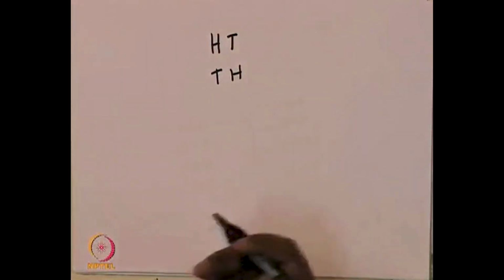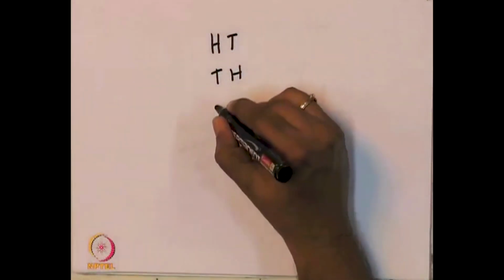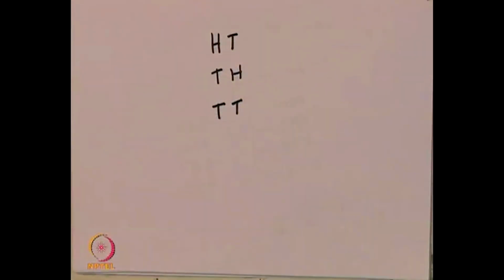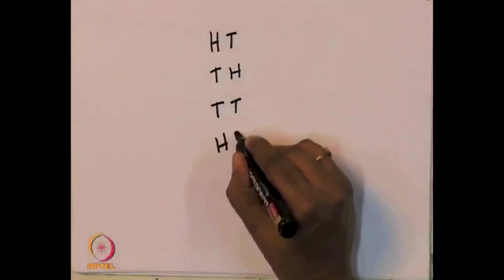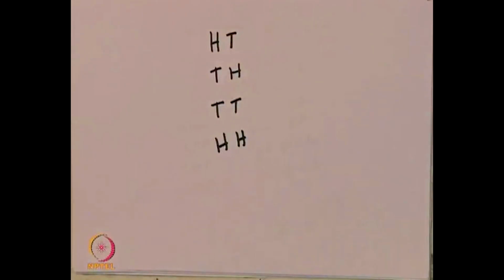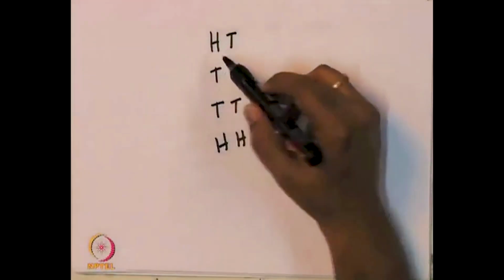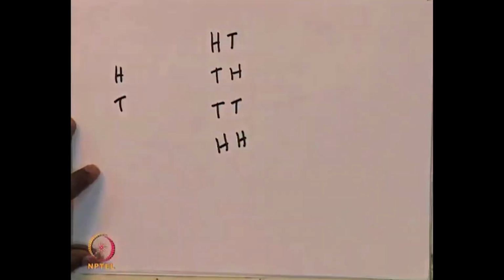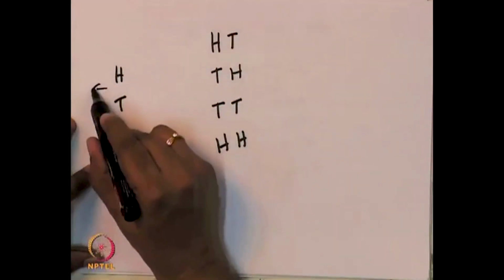You ask your friend to toss it 2 times, your friend might get 2 tails. You ask somebody else to toss, that person might get 2 heads. So, these are the 4 possible events. When there is only one tossing, there are only 2 events possible, head or tail, so we found that the probability is half.